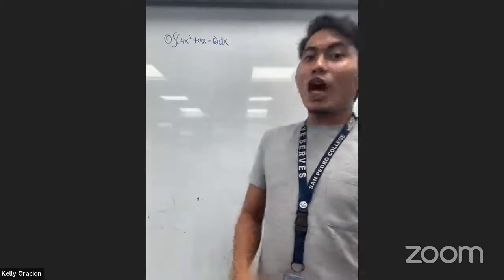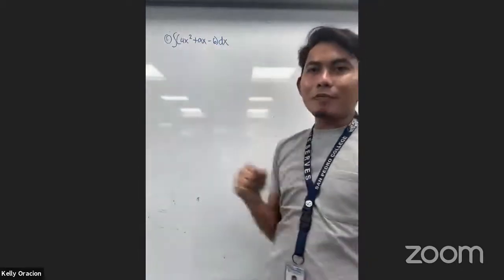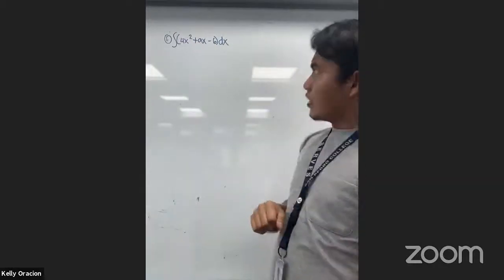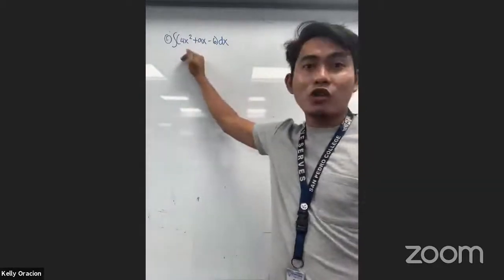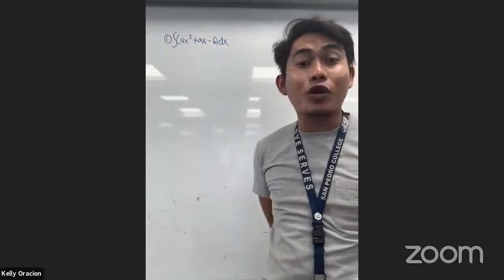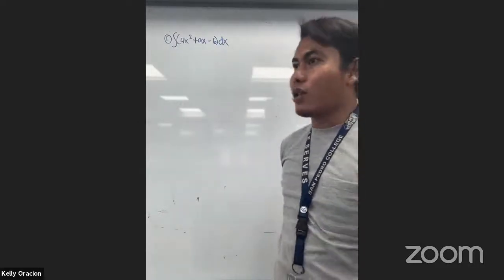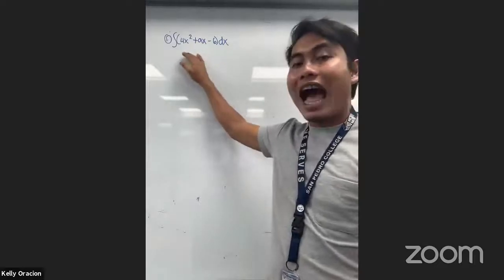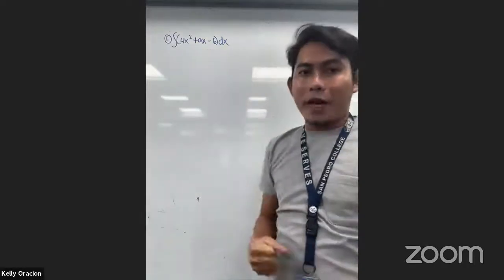Okay. So let's start with our first example. Here, the given function is 4x squared plus 9x minus 6. That's our integrand. Our goal here is to find the antiderivative of this one.